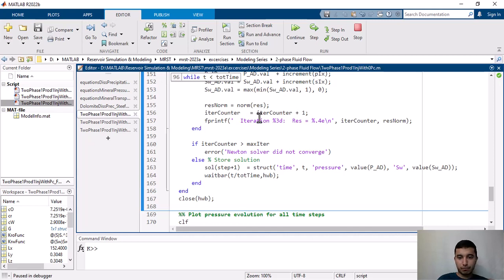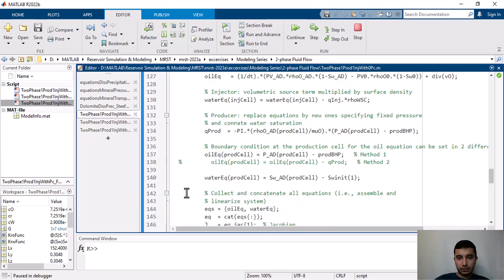But if that number exceeds it, we say that the solution did not converge. And if the solution converged, we will store the results of the first time step in this struct.